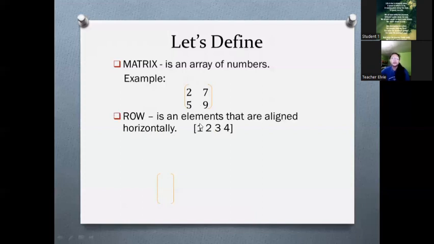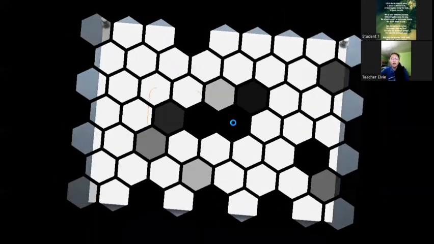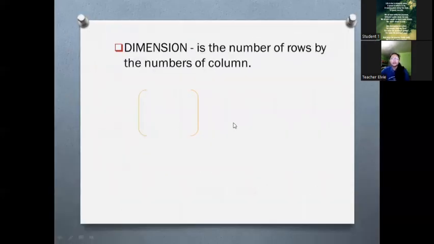So what is a row? Those are the elements aligned horizontally, as found in our activity. Next, we have column. These are the elements aligned vertically, like this.